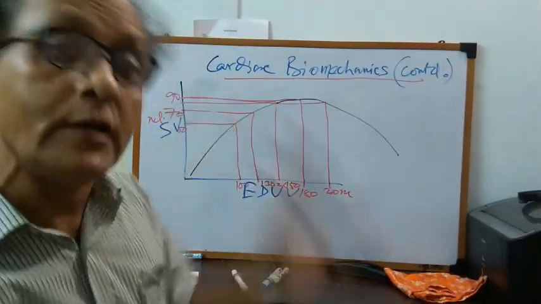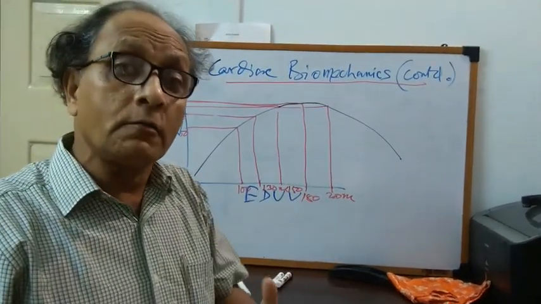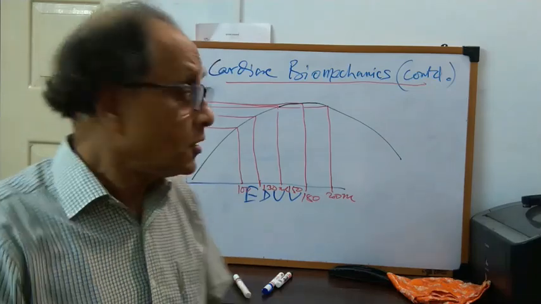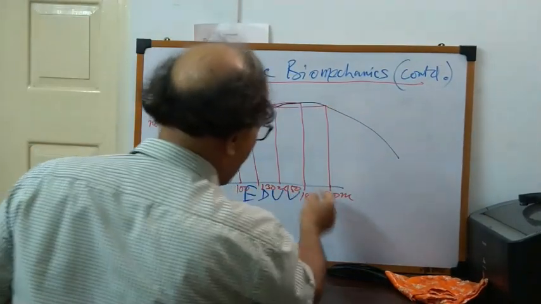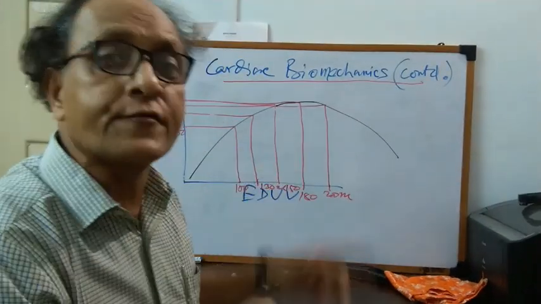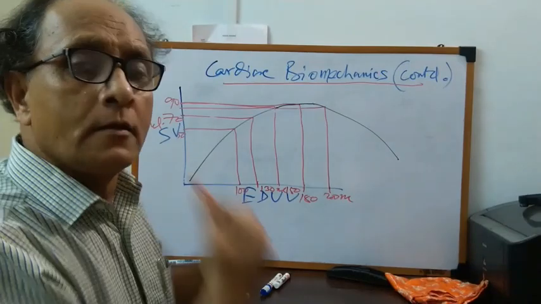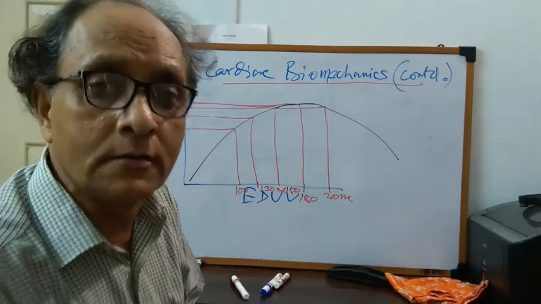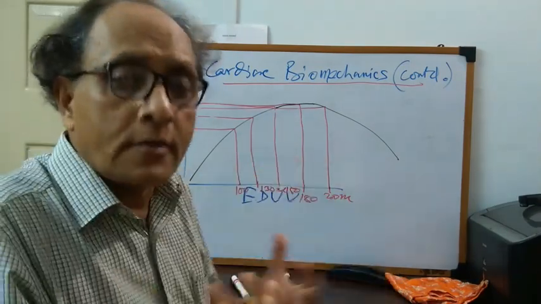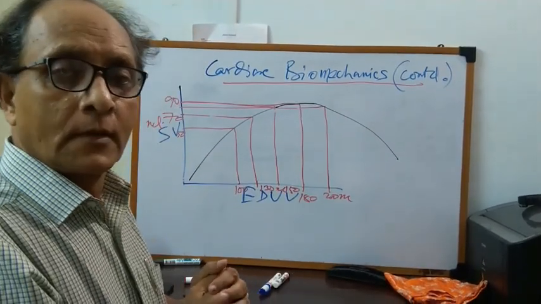Stroke volume either will not increase or stroke volume will decrease. And that will be a dangerous thing. How? Because if the stroke volume decreases, the extra amount of blood which is collected within the ventricle will not go out, will not be ejected, or will not be emptied.